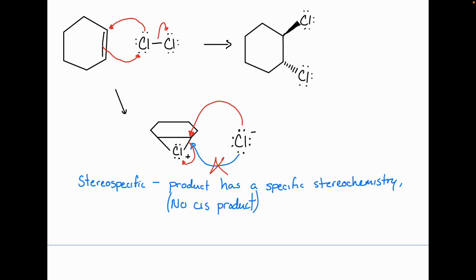All right, and again, the reason for this stereospecificity is that those chlorines have to be added to opposite sides of my double bond. This is what we call an anti-addition.